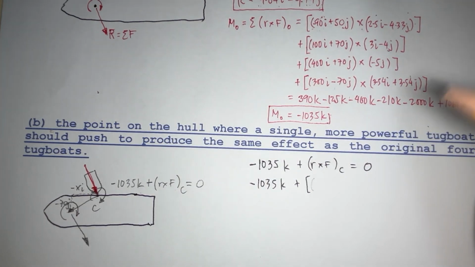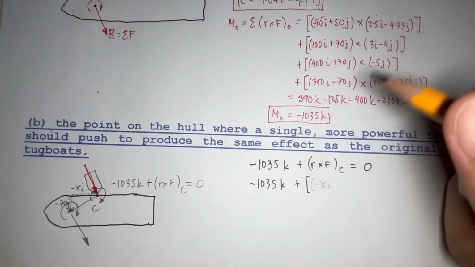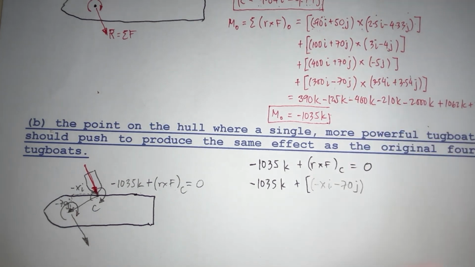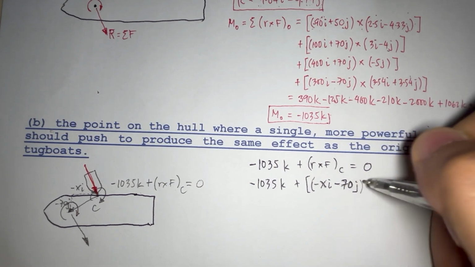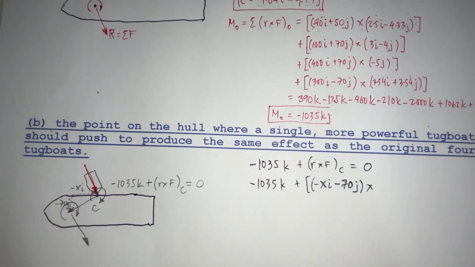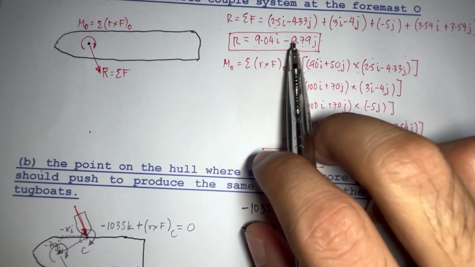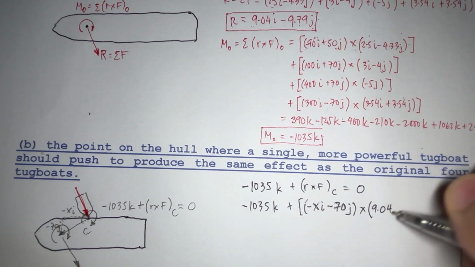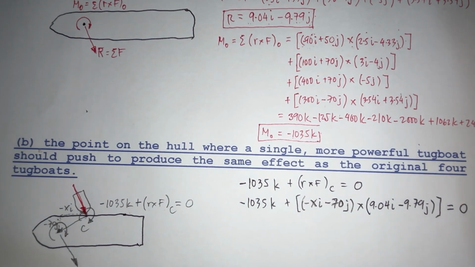So our R is equal to negative xi minus 70j. So we have negative xi minus 70j cross our F, the same F as before, 9.04i minus 9.79j. That is equal to 0.